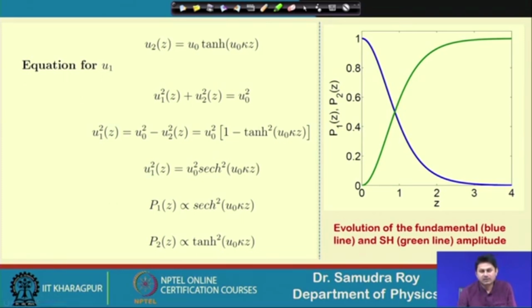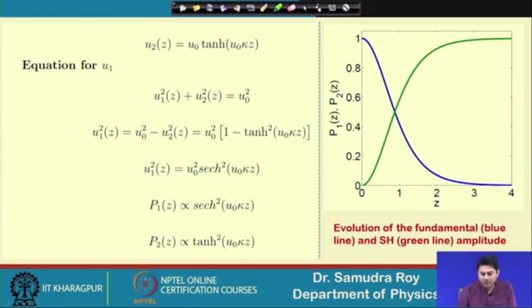In this plot we have shown how P1 and P2 are going to change as a function of z. In one case, the second harmonic wave changes as a tan hyperbolic square kind of function, and the fundamental wave reduces very rapidly in the form of sec hyperbolic square.